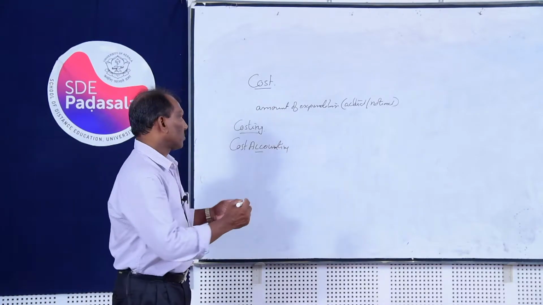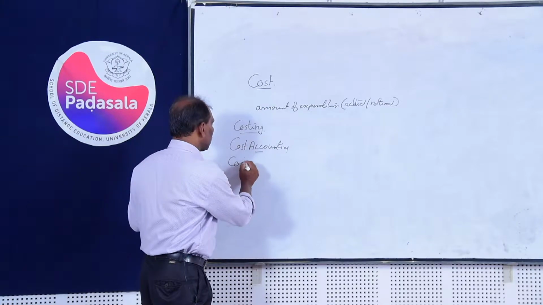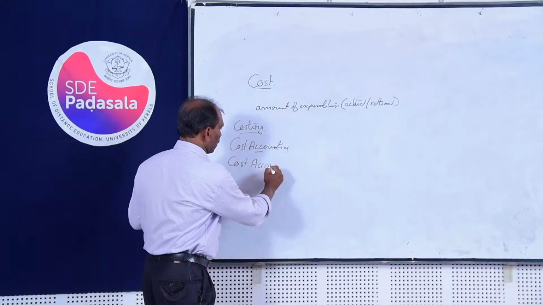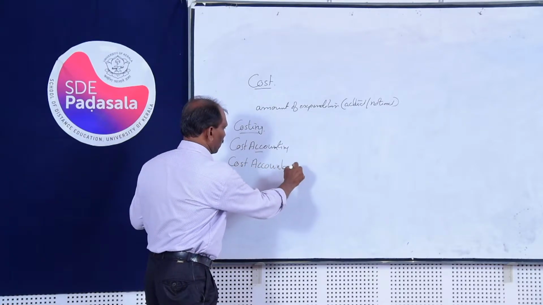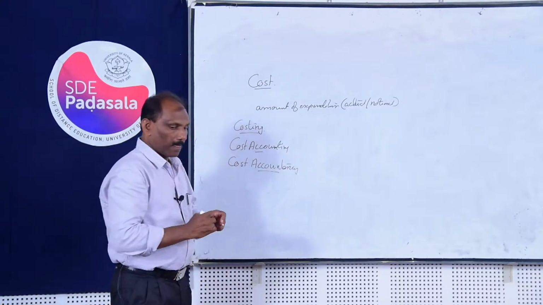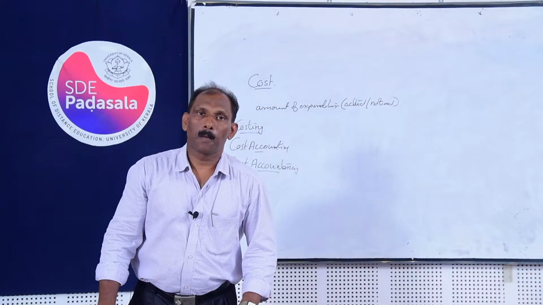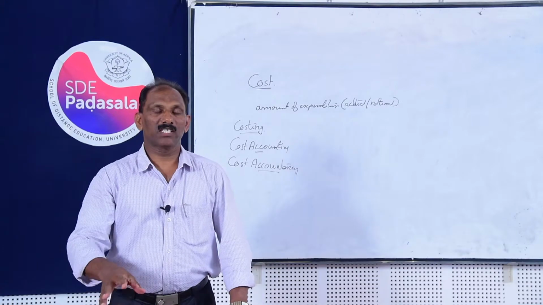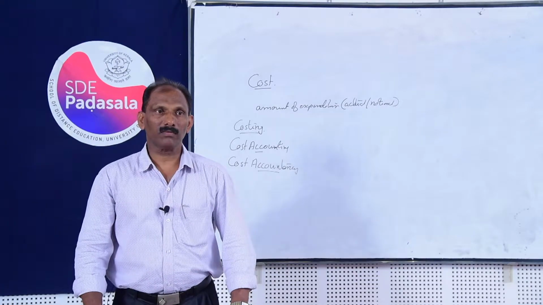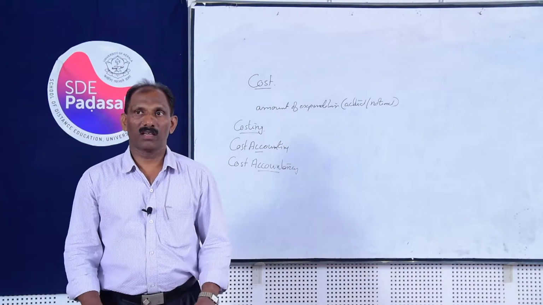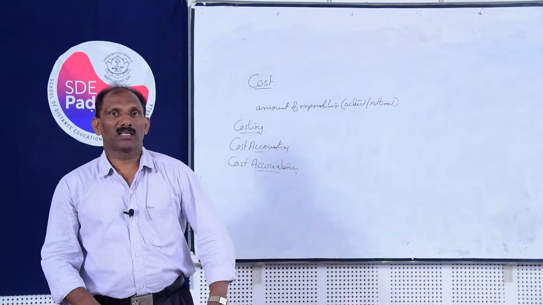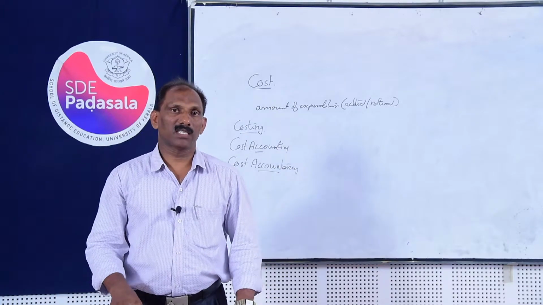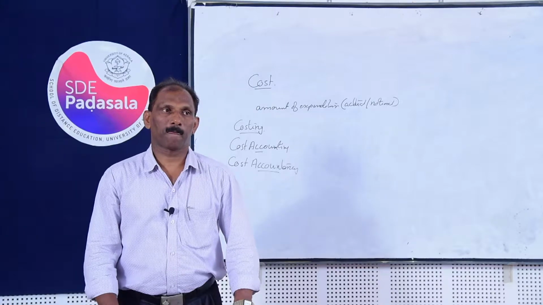Next is cost accountancy. Cost accountancy is the practice of an accountant. That means if you are applying the theoretical knowledge in the practical situation, it is the cost accountancy.